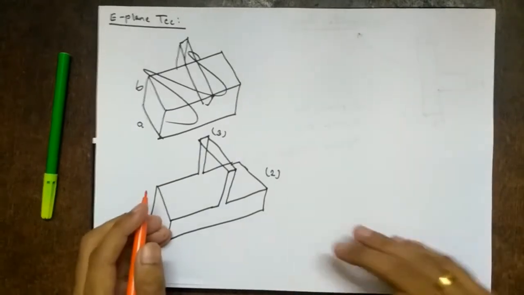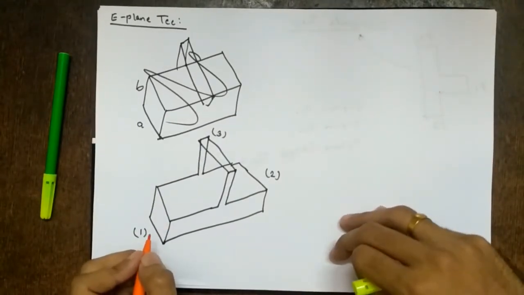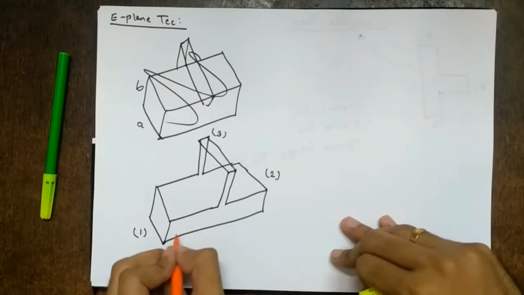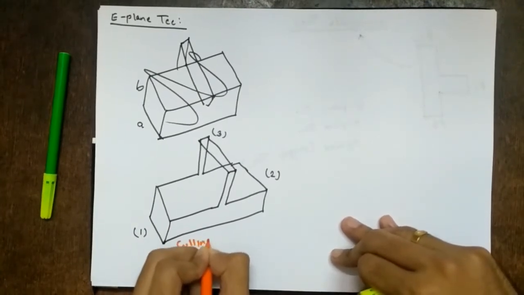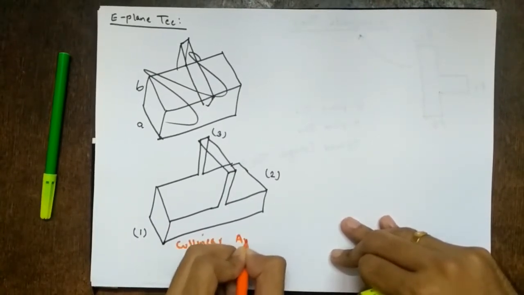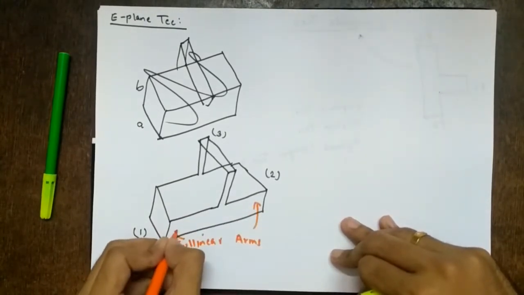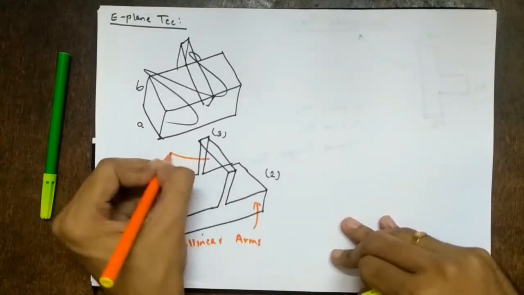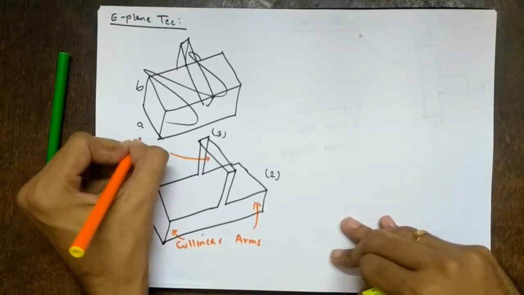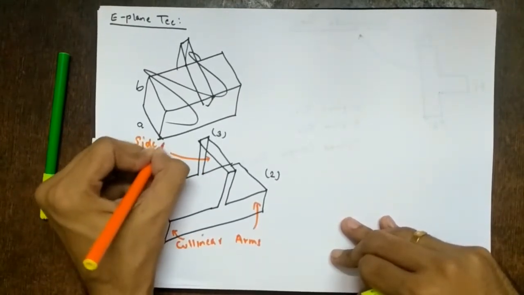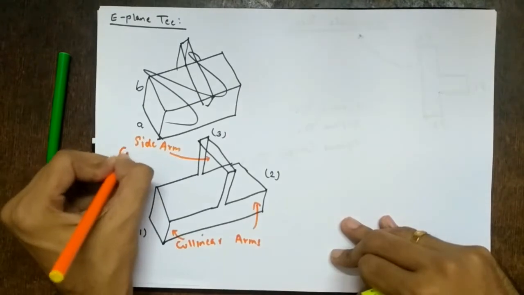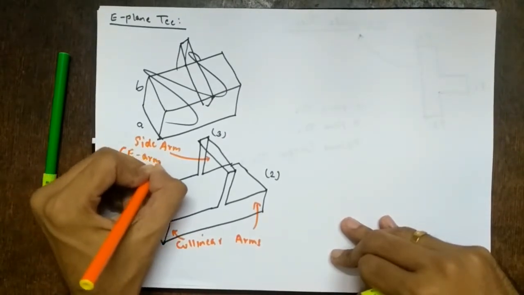For that we need to understand that these two are called collinear arms. These are arms of the T. So these two are collinear arms. This is called the side arm or E arm.